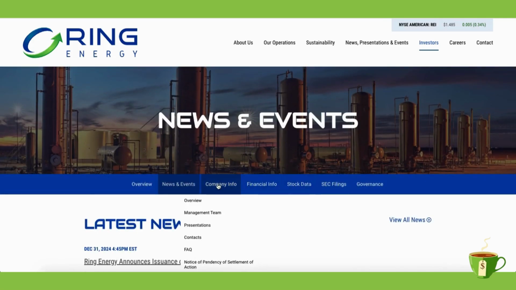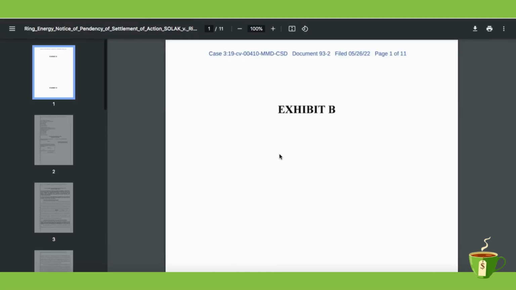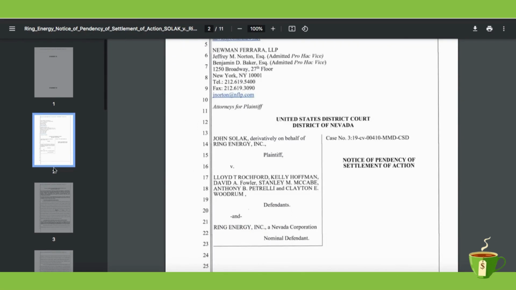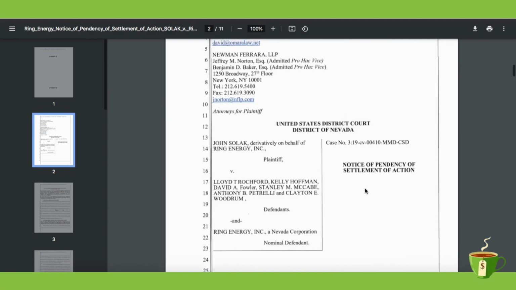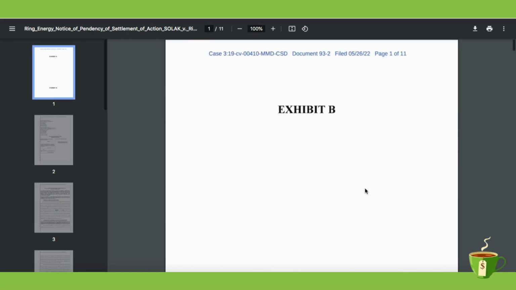Company info. Wait, what is this? What is this? Notice of pendency of settlement. This is interesting. What's happening? This looks old though.